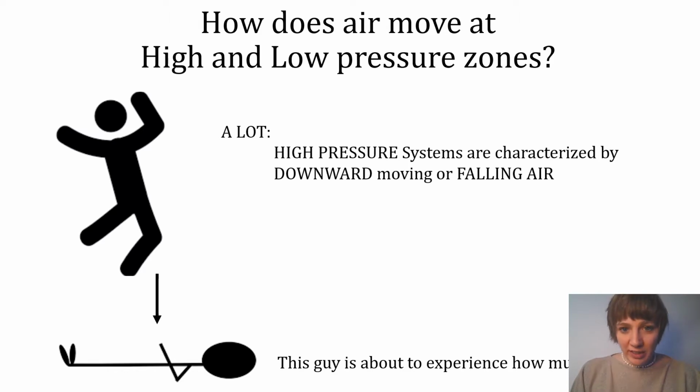In our weather analogy, this would be considered a high pressure situation, except in the case of weather, instead of the weight of a person landing, we would consider the weight of an air mass descending, right? So high pressure systems are systems with downward or falling air.